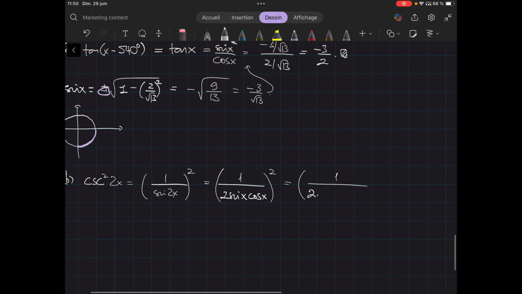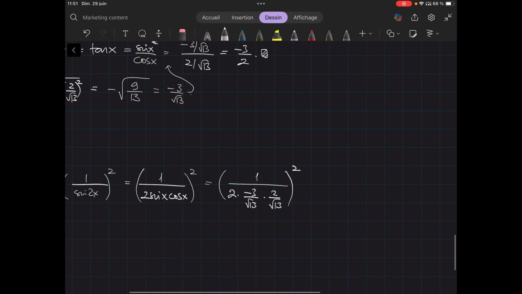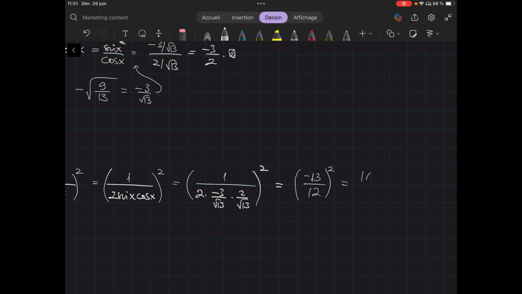Sine of x is negative 3 over root 13. Cos of x is 2 over root 13. So, simplifying everything, we would get negative 13 over 12 squared, or 169 over 144.